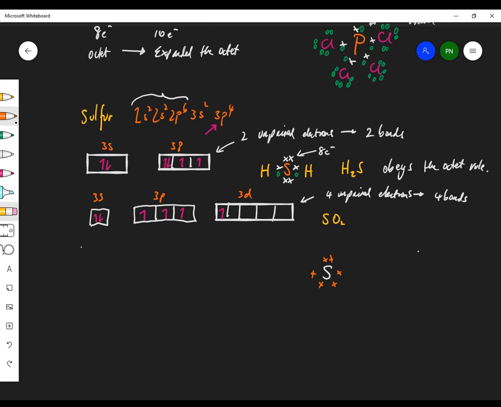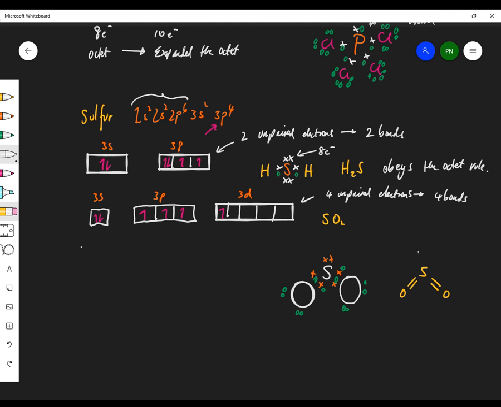There's an oxygen there and an oxygen there, with these green electrons. And if we were to draw the structural formula, it would look like that. That's sulfur dioxide.